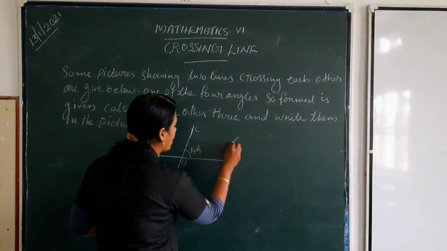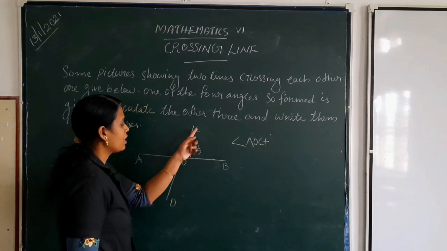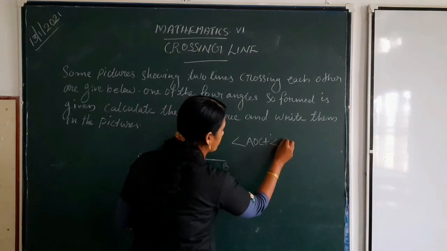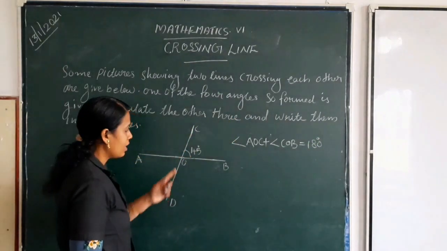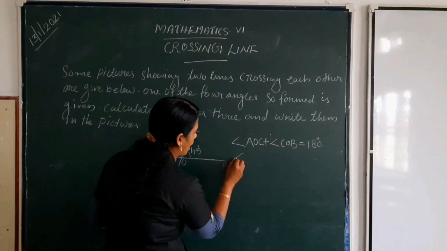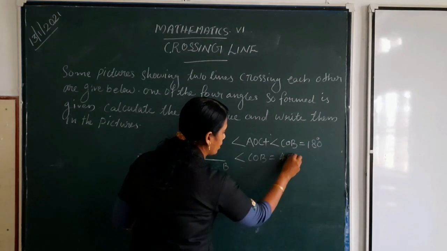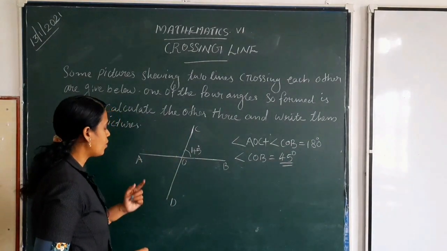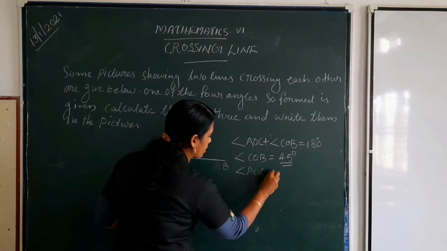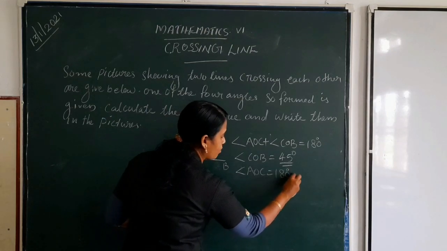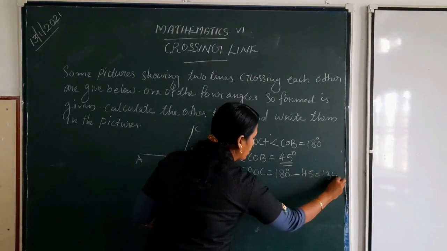We know here angle AOC plus angle COB is equal to 180 degree. Here we have to find out angle AOC. Here angle AOC is equal to total 180 degree, 180 degree minus 45 is equal to 135 degree.